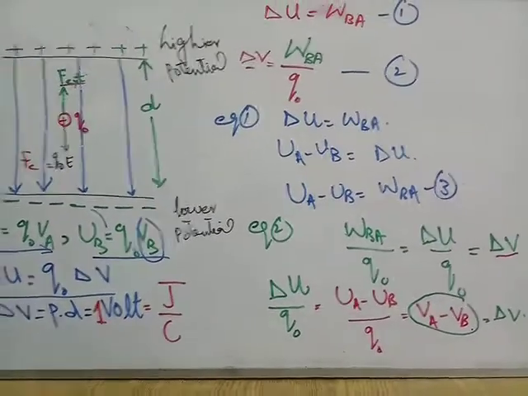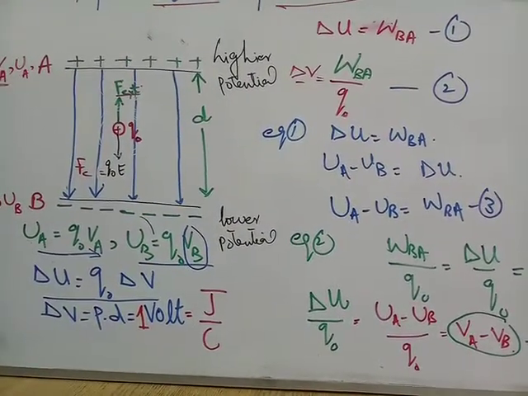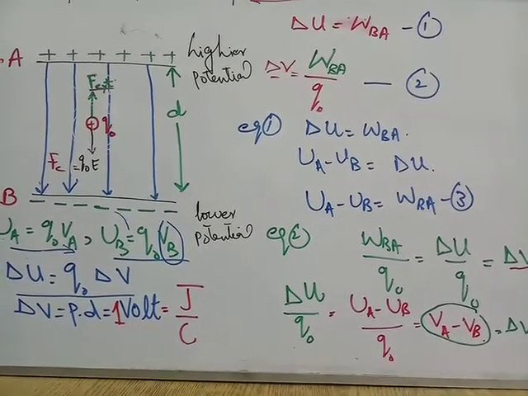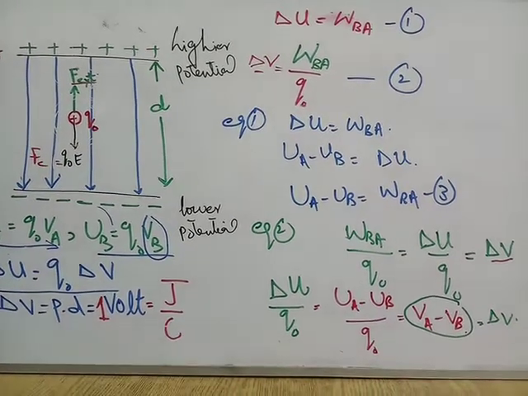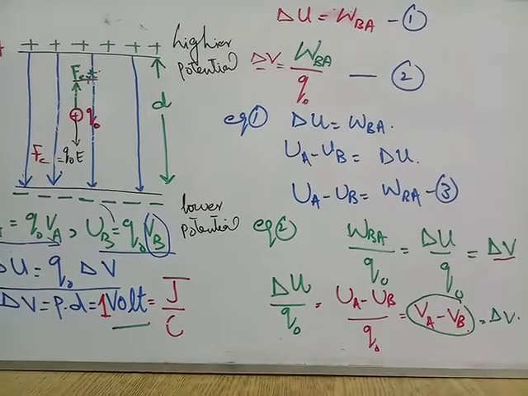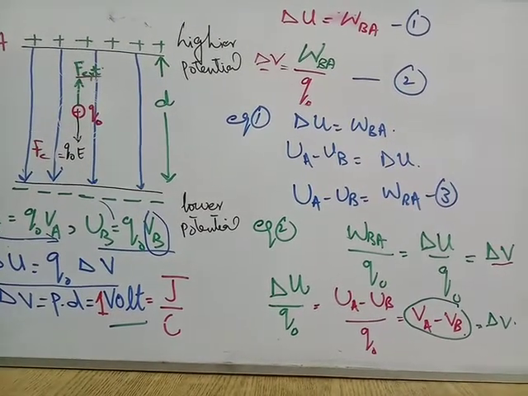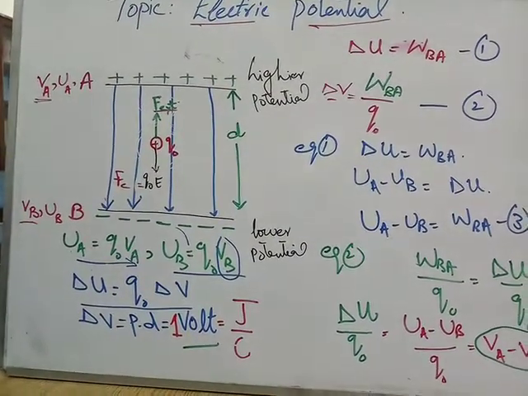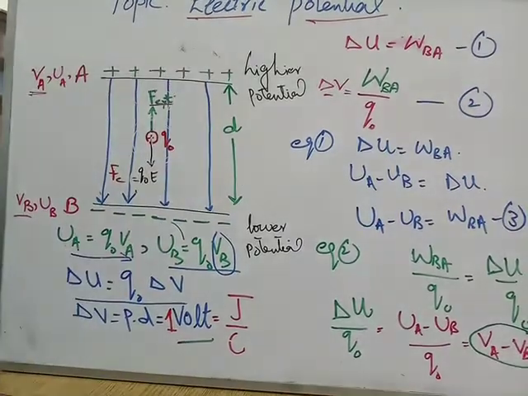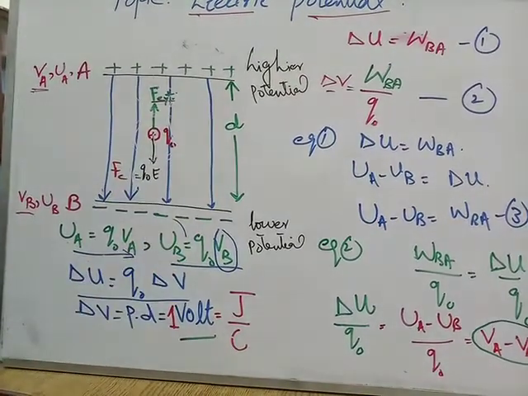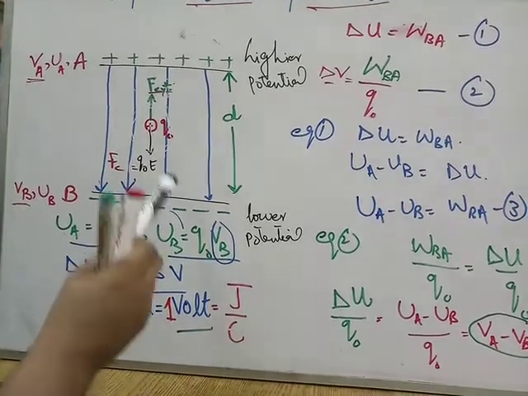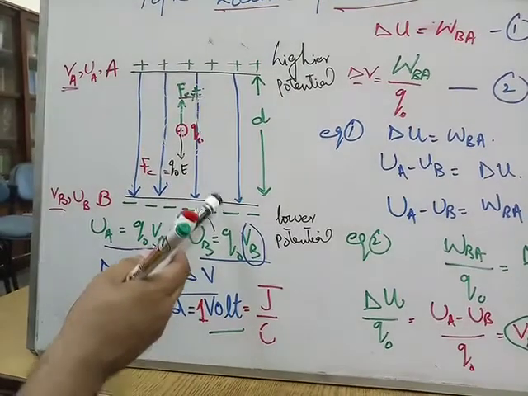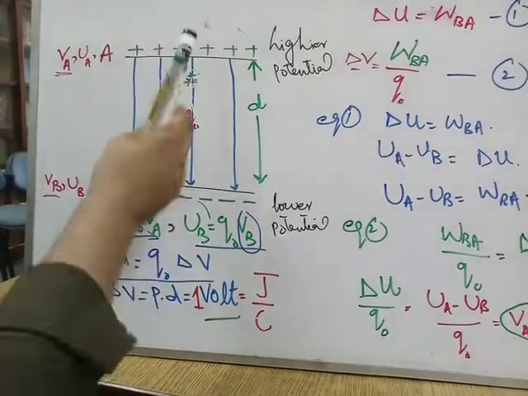From an exam point of view, the question will be given in the form of define volt. Mostly in a short question, they can say define 1 volt. So I can define this: 1 volt is the potential difference between 2 points in an electric field if 1 joule of work is done in moving 1 coulomb of charge from low potential to higher potential, or from one plate to another.